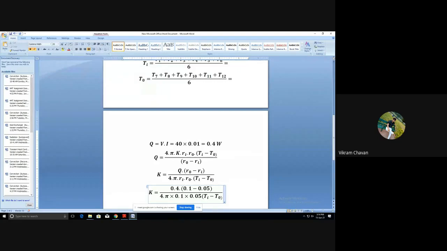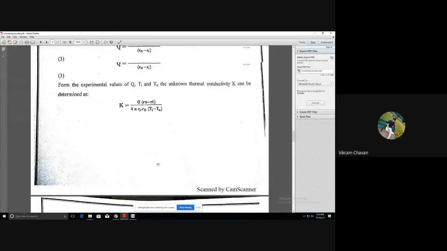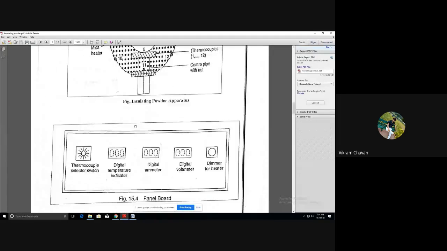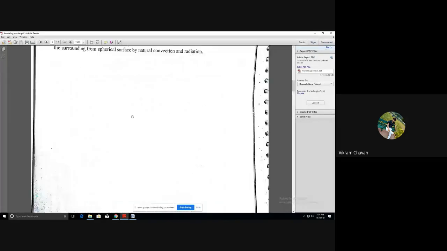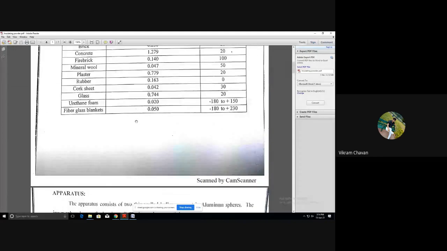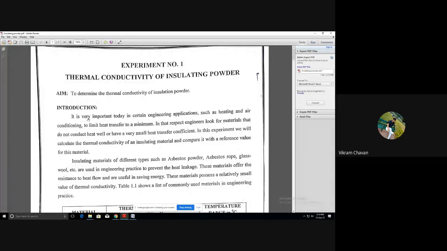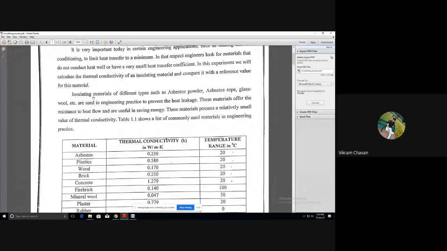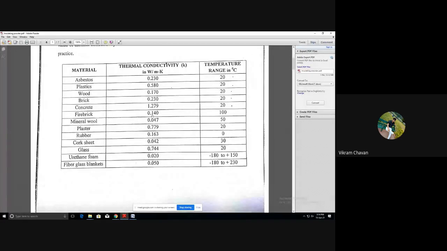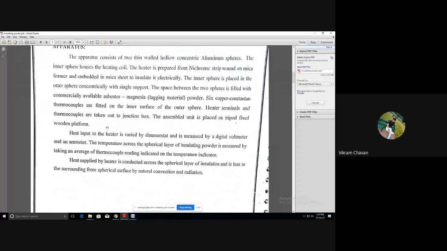Then I will share the write-up part with both the divisions related to our first experiment. Now, don't write everything in this experiment. You can write the name of the experiment, aim, introduction part, and draw this particular table. Apparatus you can neglect.